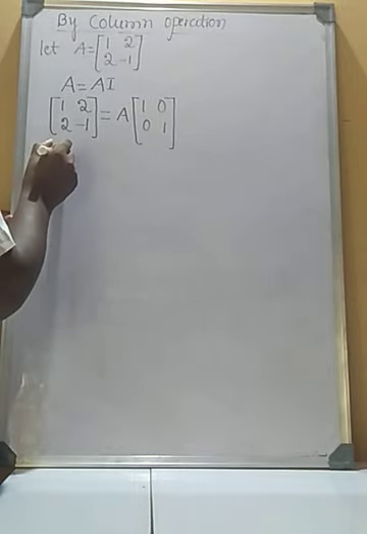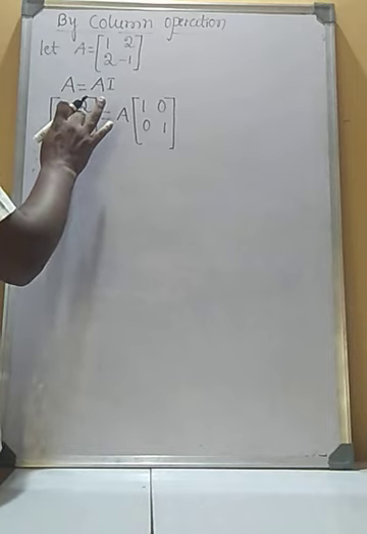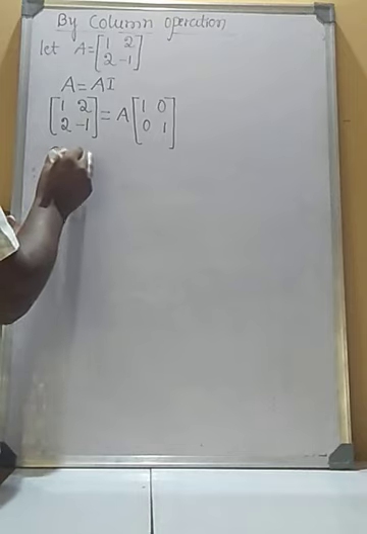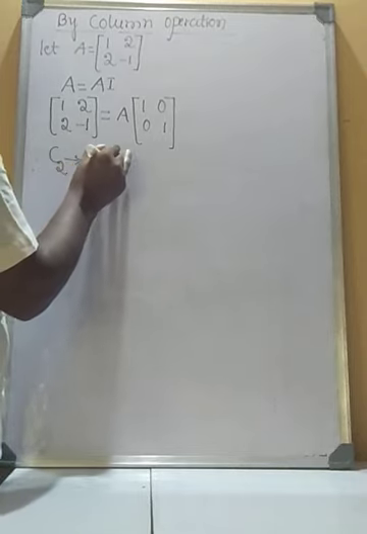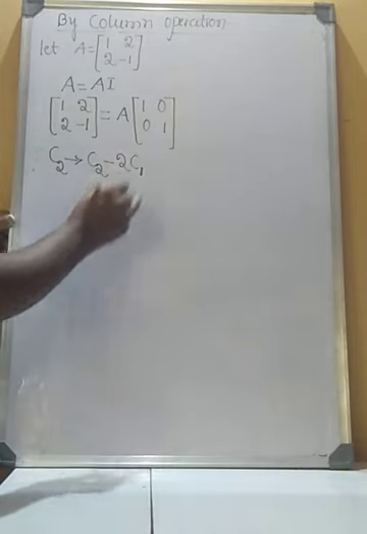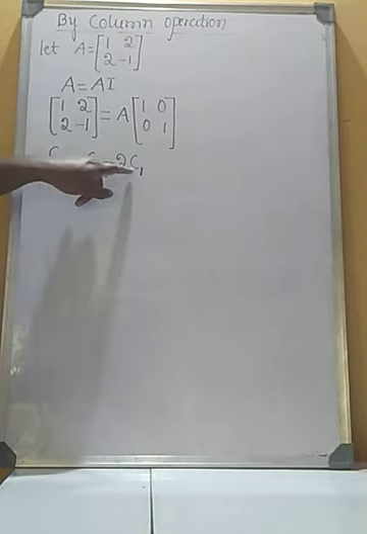Now by column operation, in the first row, the second element becomes 0, that is C2 becomes C2 minus 2C1. Second column, C2, means C2 minus 2C1.